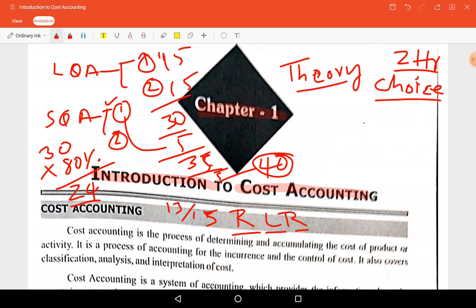First read it, then learn it and revise it, and if possible, write it. If you do this for this chapter, writing the answers, that is enough.